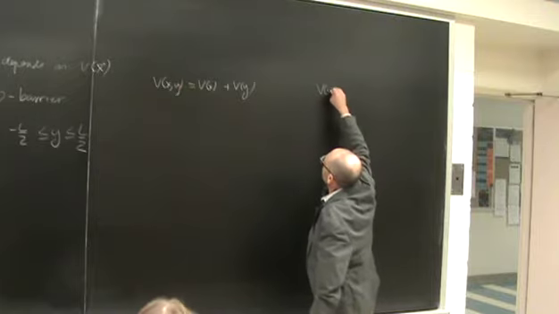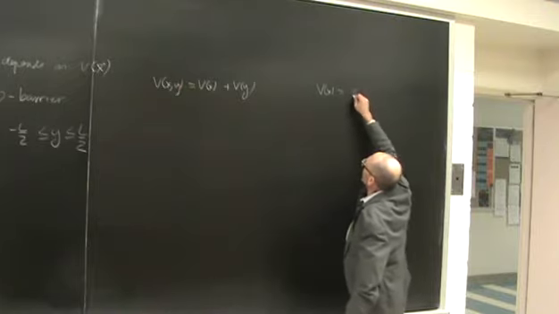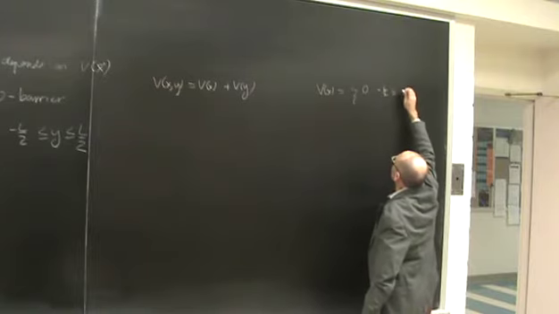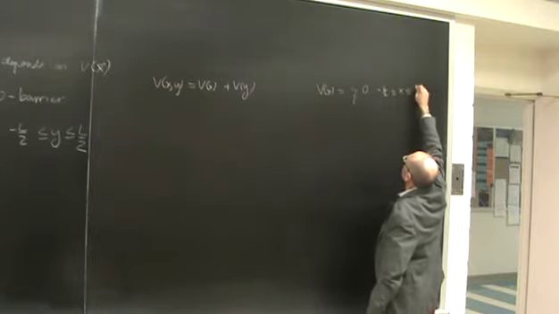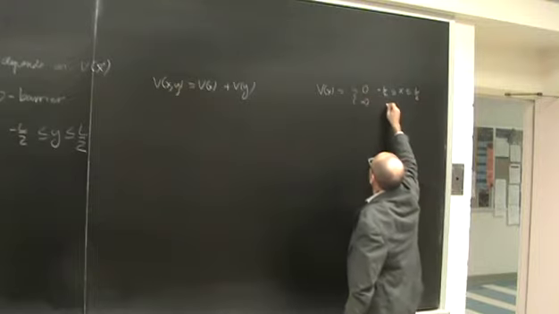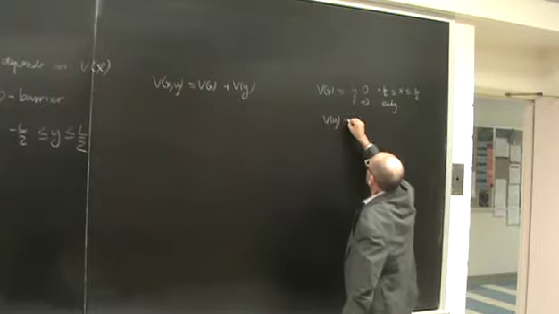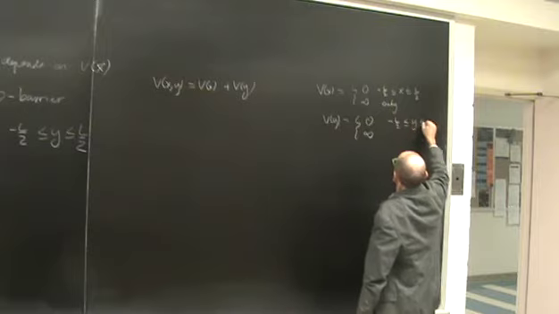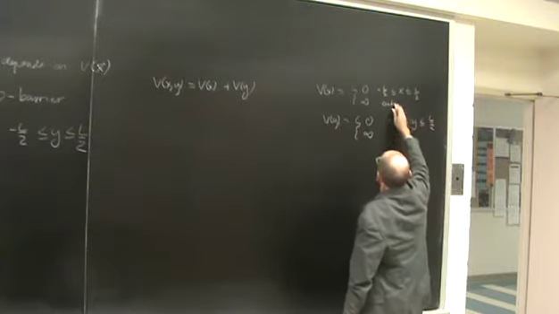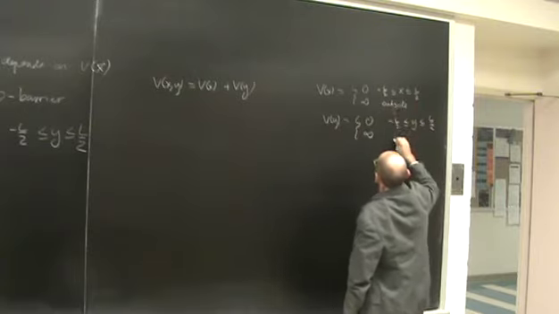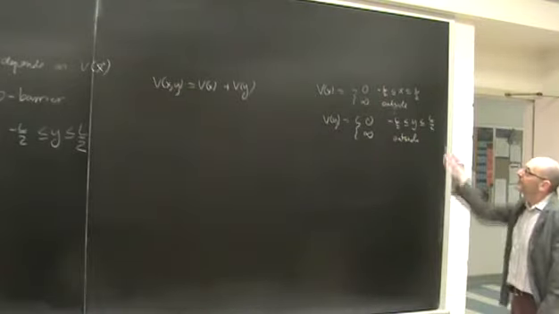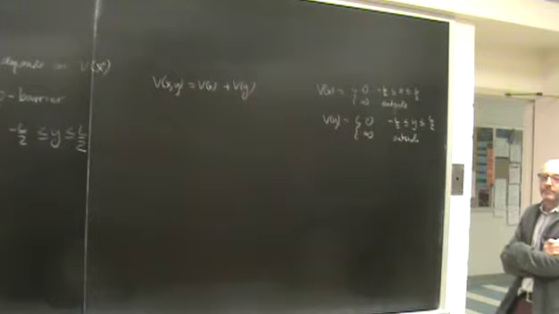This is equal, where V of x is 0 if x is between 0 and L, and infinity outside, and the same thing with y, right? So this is a separable potential. Okay.